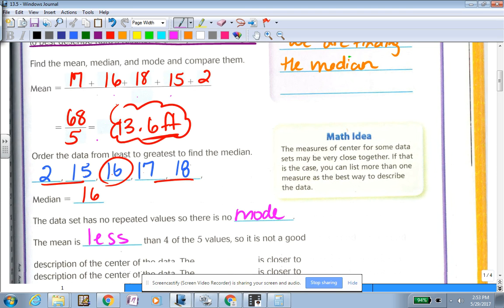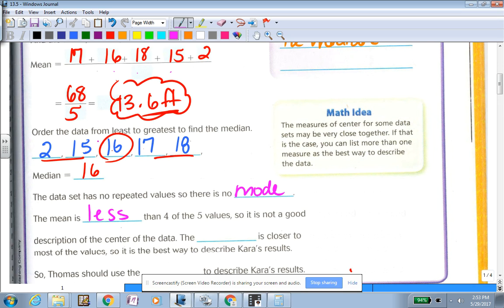So it probably is not a good description of the measure of center. Why would I say that? Think about what's typical in this data set: 17, 16, 18, 15. I would think 16 is more like what's typical.